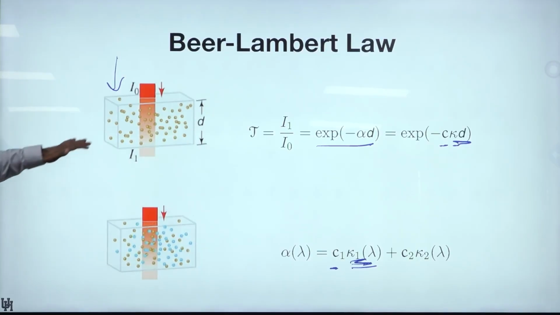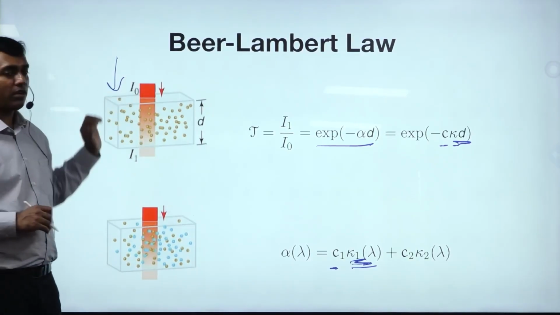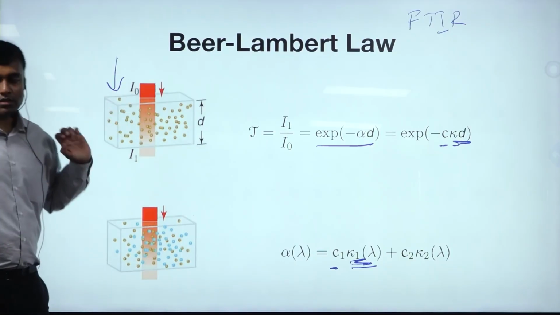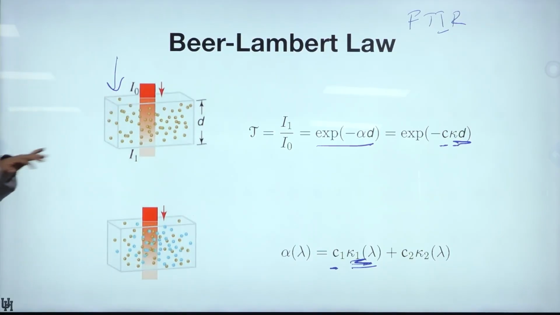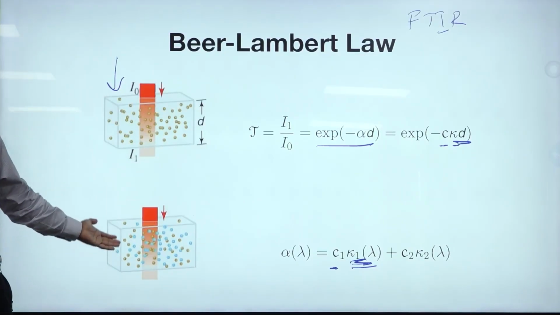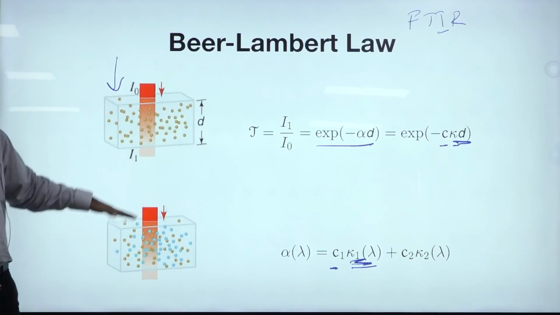This is the kind of measurement that is used in what is called FTIR, Fourier Transform Infrared spectroscopy. So how do you make a measurement of I0? Just remove the sample, measure the intensity, put the sample in, measure the intensity.